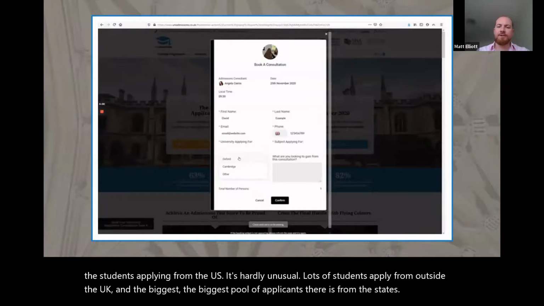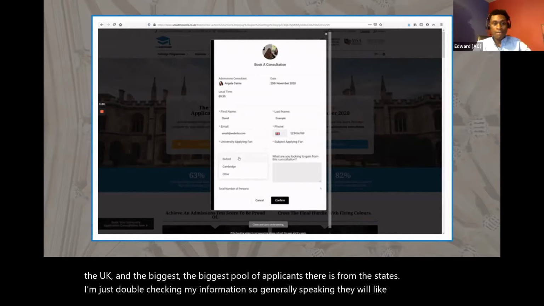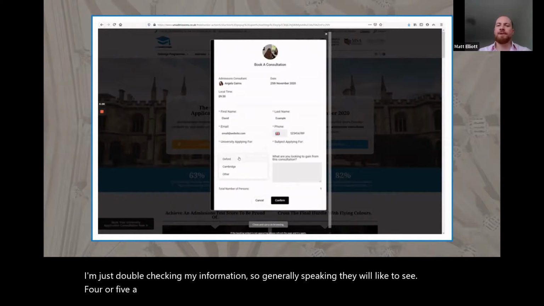I'm just double checking my information. So generally speaking, they will like to see 3 or 4 APs at grade 5, aligned with the subjects that you are planning to study.